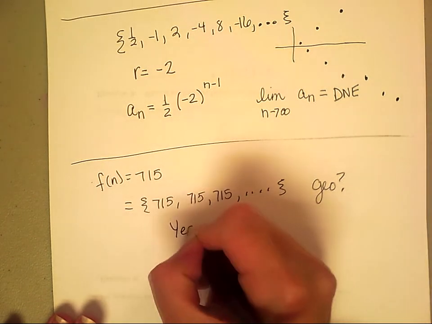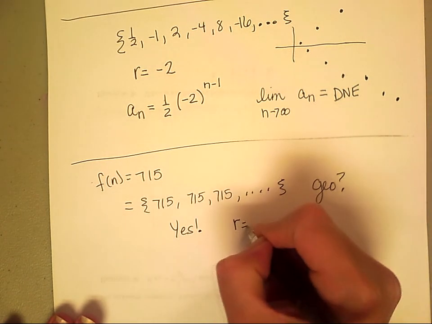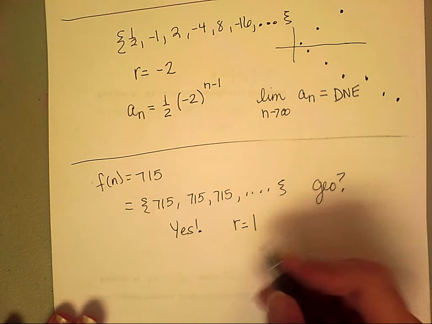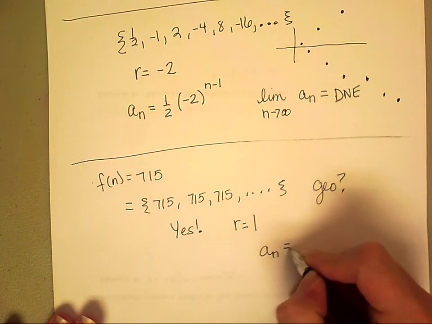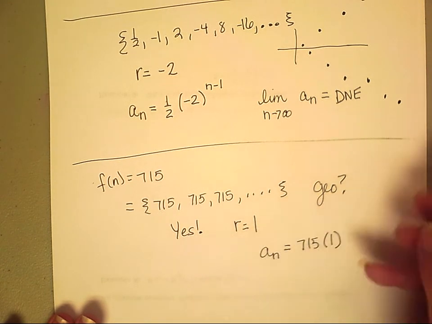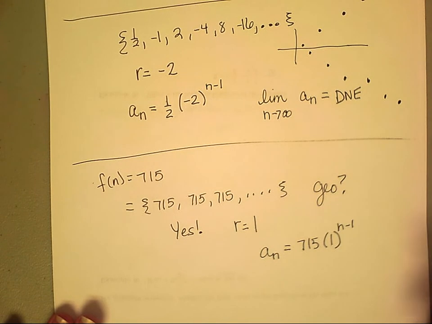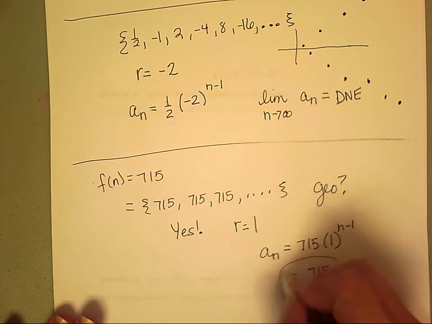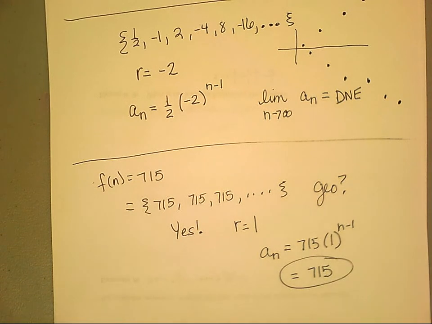Yes. Our common ratio is equal to 1. So we could write the nth term as the first term, 715, times the common ratio to the n minus 1, which is just 715. So in this case, it is both geometric with a common ratio and arithmetic with a common difference.